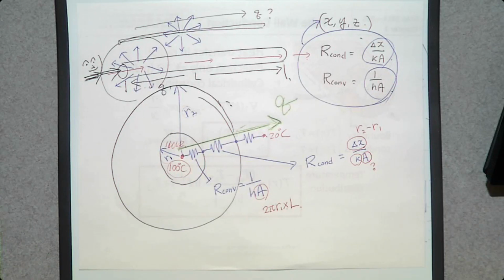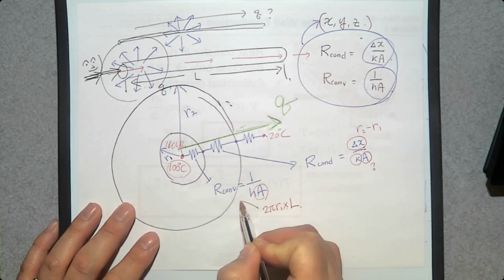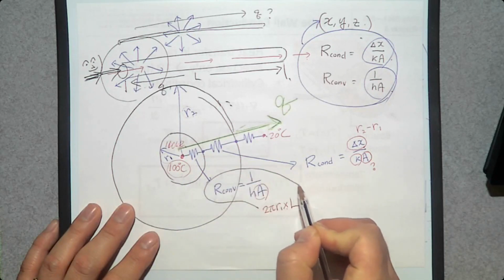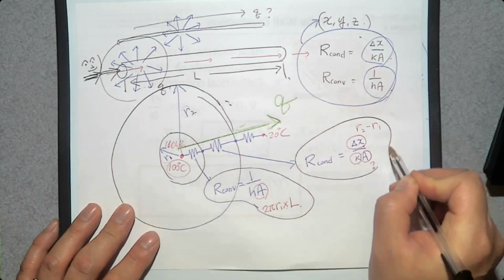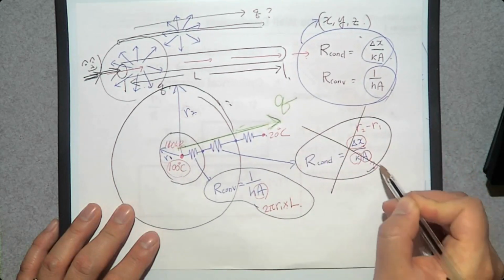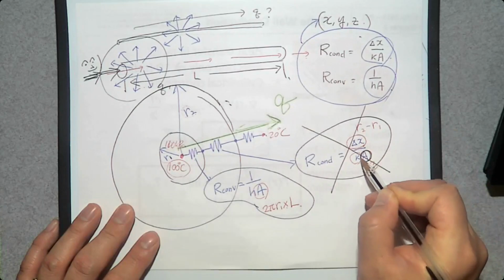The problem is, when we calculate this conduction resistance, the cross-sectional area in the direction of heat transfer is changing. It is increasing, right? Therefore, we cannot use this resistance. Using the convection resistance is okay, but using this conduction resistance is not, because this area is not constant.